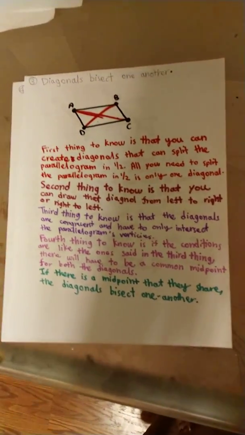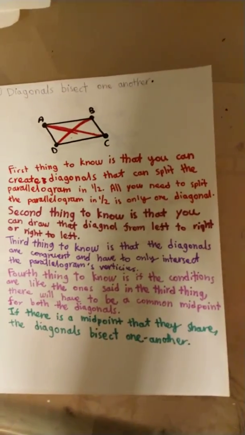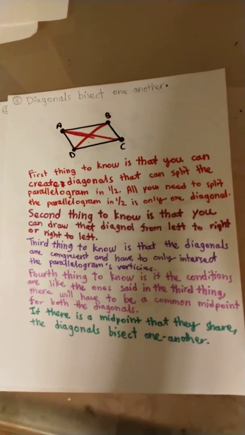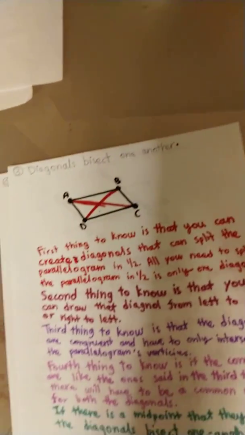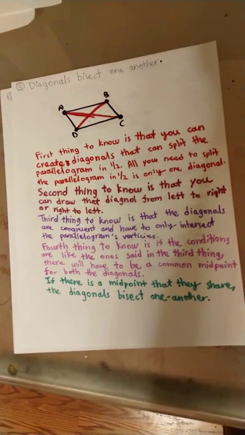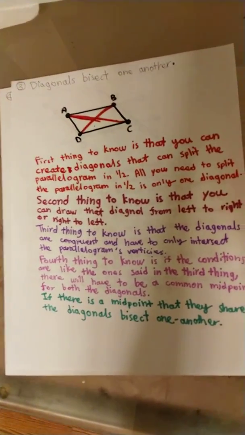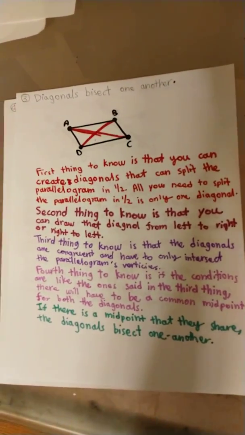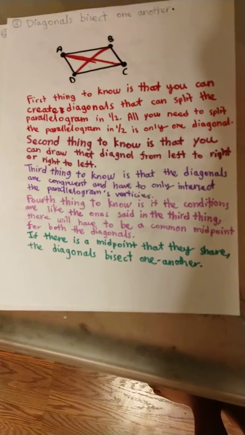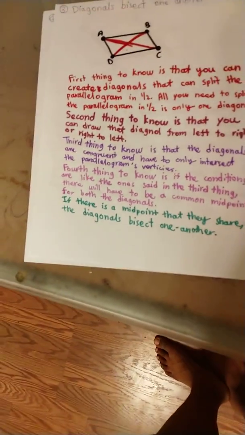The second thing to know is that you can draw the diagonal from left to right or right to left, and that creates an X. The third thing to know is that the diagonals can only intersect the parallelogram's vertices, and only the opposite ones.